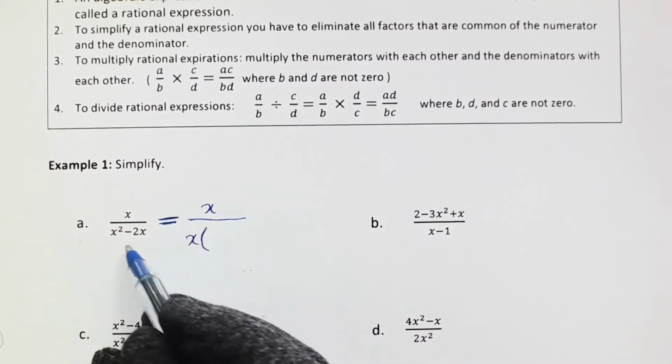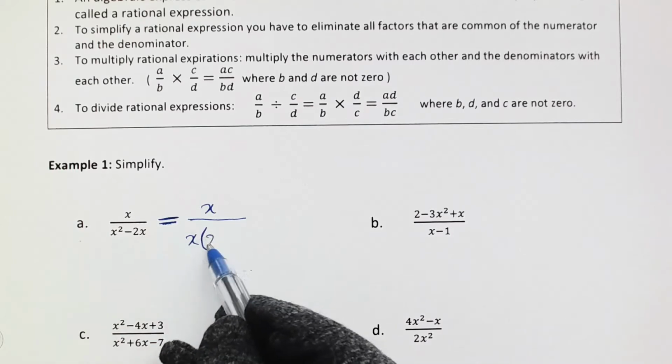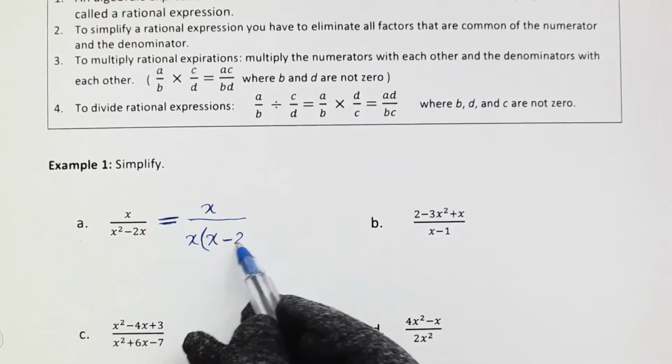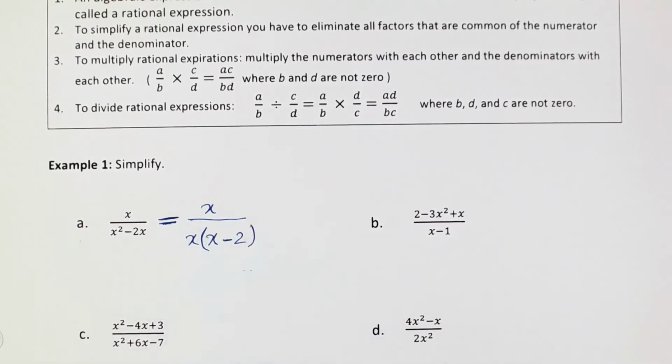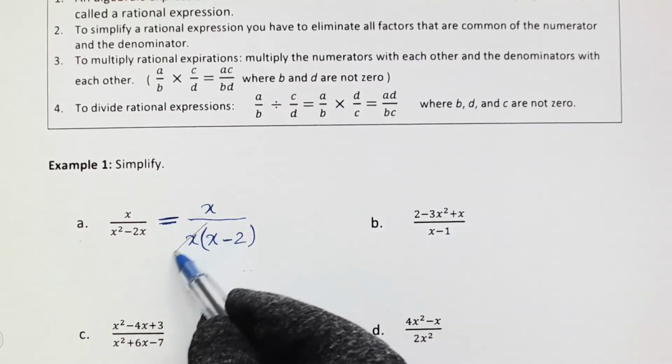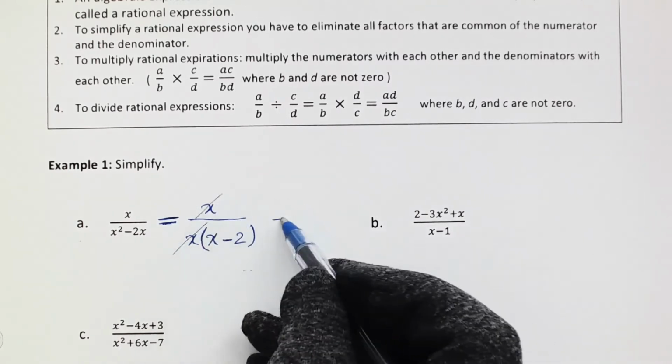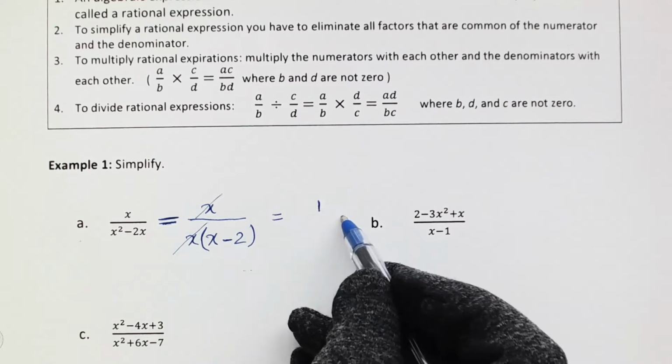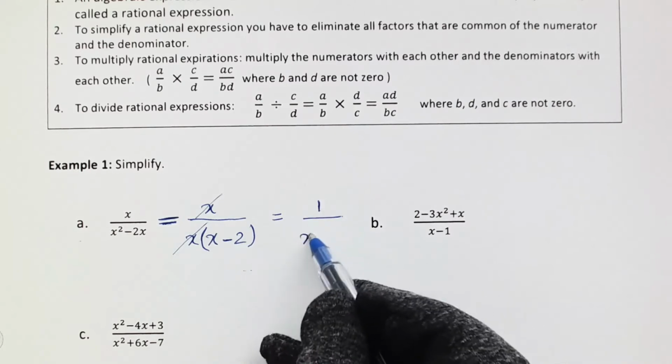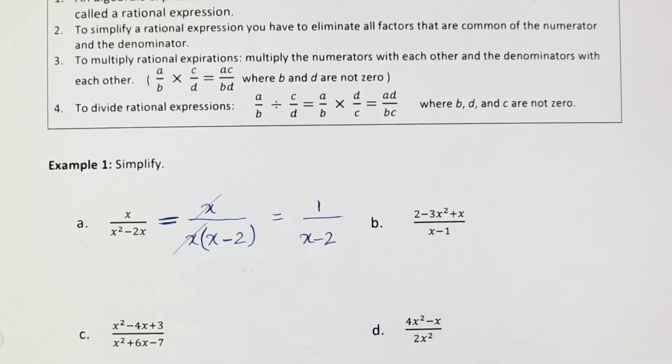If I factor x from x squared and 2x, it is x times x minus 2. Now we can eliminate x and x. So the final answer is 1 over x minus 2. This 1 over x minus 2 is the simplified form of x over x squared minus 2x.